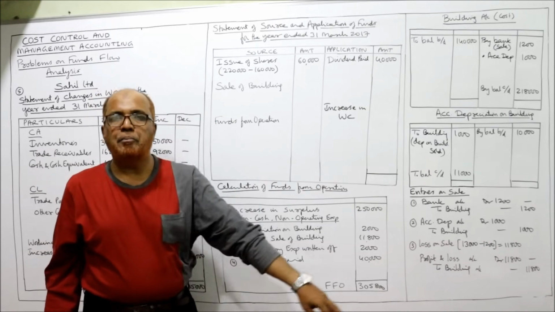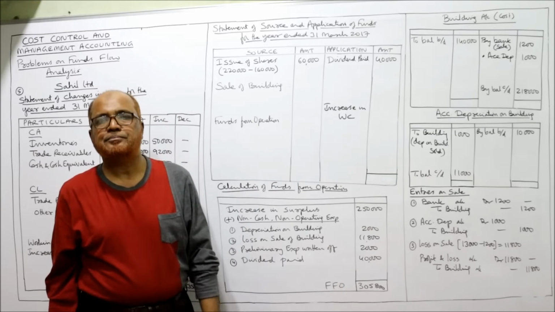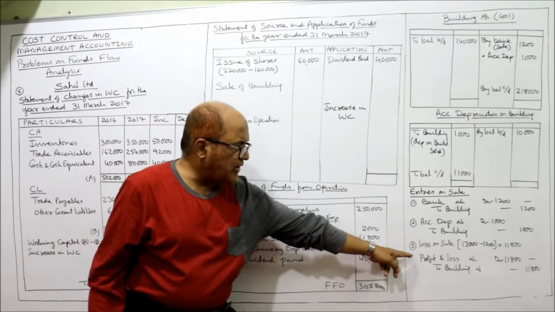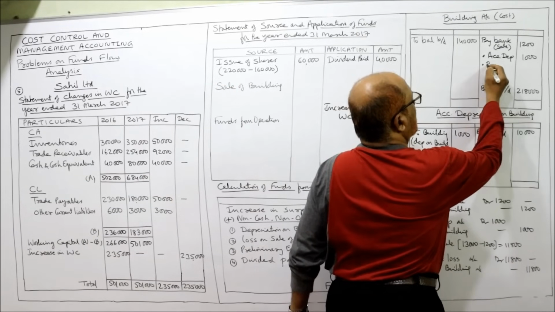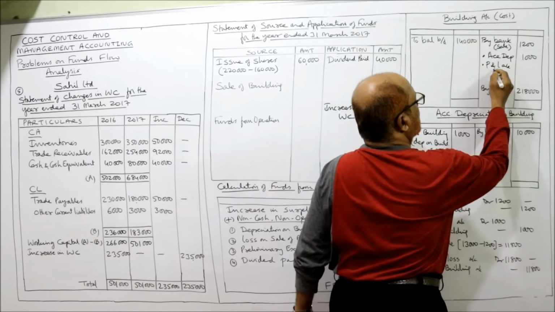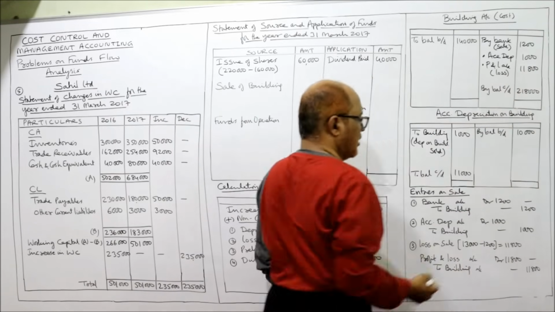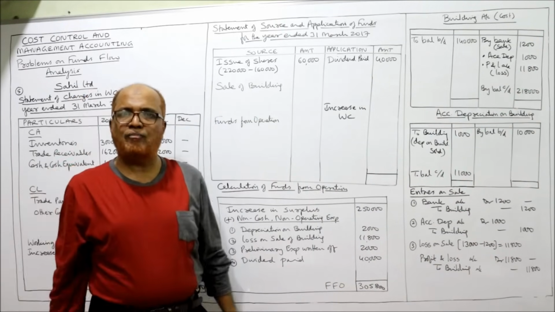The entry will be profit and loss account debit to building account. That is the entry for loss. The profit and loss account we don't have. Building account credit side. So credit side by profit and loss account loss. How much? 11,800 is the loss. That's all. All the entries we have posted.